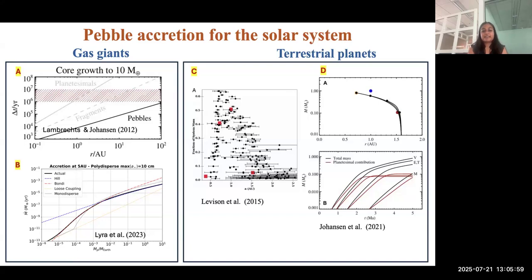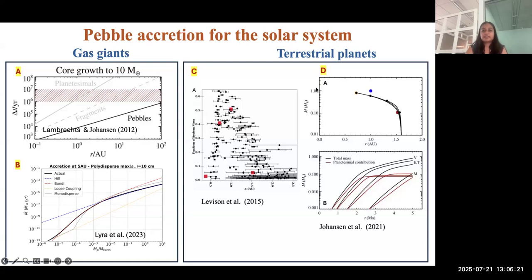And recently, Lyra et al. showed in 2023 that even the boundary regime of pebble accretion could be efficient at accreting smaller pebbles. Therefore, polydispersed pebble accretion could work from about 5 AU to 25 AU or even more, and this way you can also form giant planets.